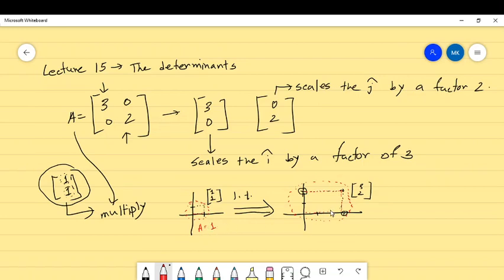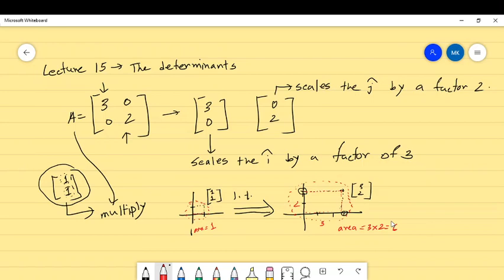In this case the length is 3 and the width is 2, so the area is 3 times 2, which is 6.